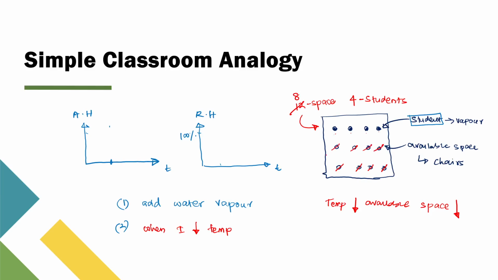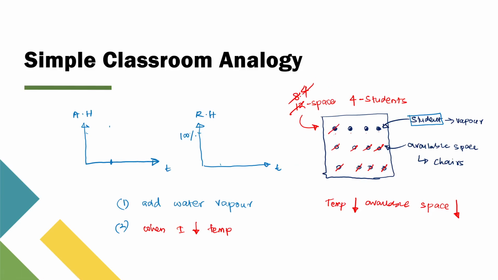Then let me further reduce the temperature. Now the available space becomes 4 and the number of students is 4. Now say I further reduce the temperature. Now comes the problem. I have to remove a student and a space.